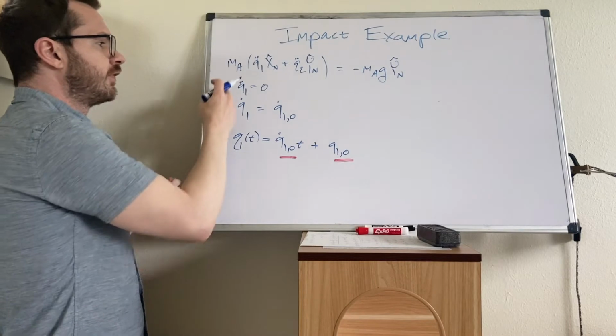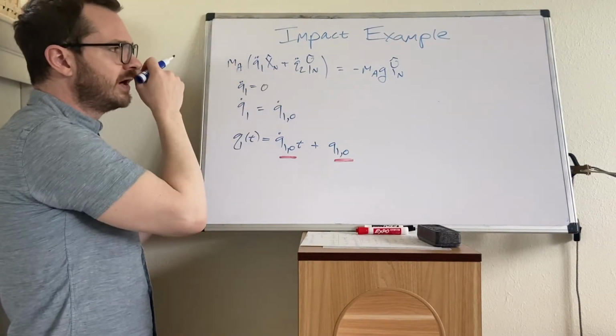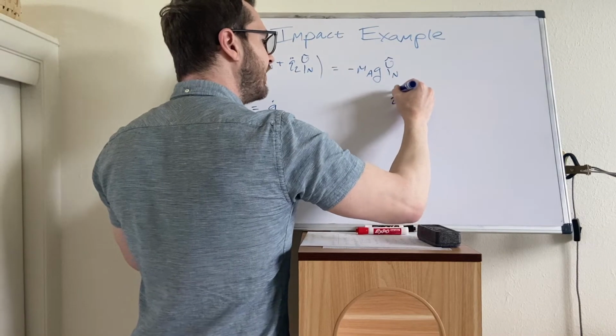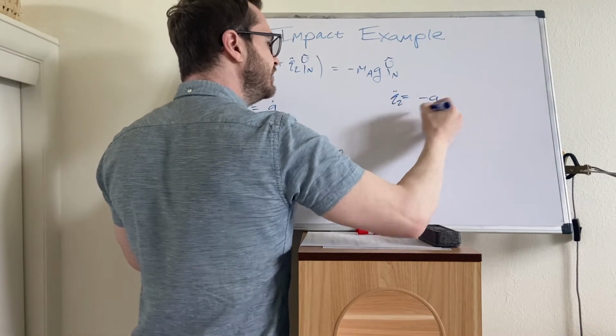If we solve for q2 double dot, we take the equation of motion dotted in the Y hat direction. q2 double dot will be negative g.